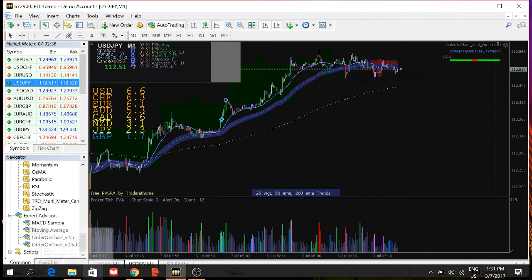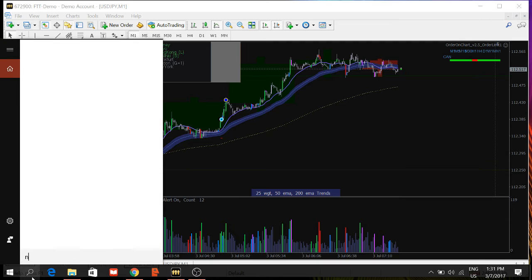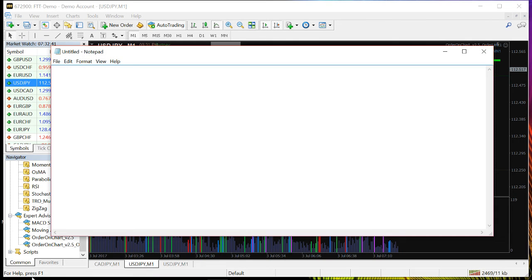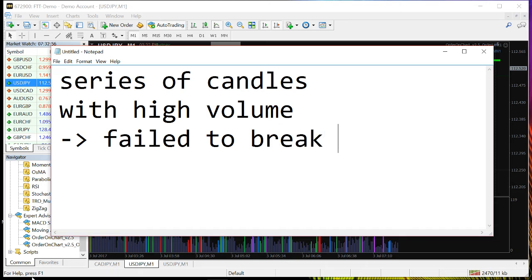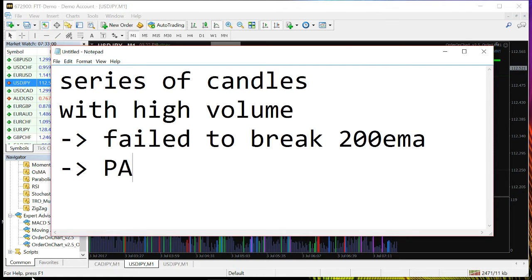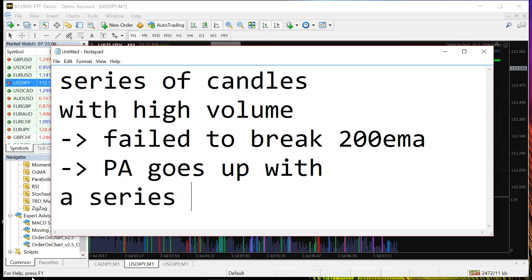Okay, so what we know here is that, let me write, so you have a series of candles with high volume. Okay, then what happens? Failed to break the 200 EMA, and after that PA goes up, okay, with a series of bullish candles.